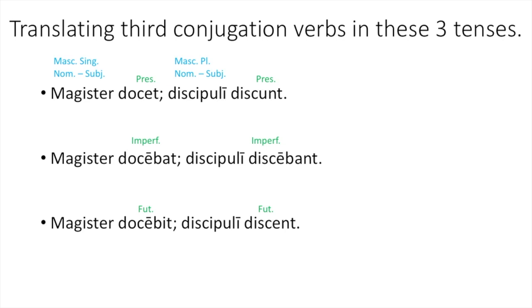You also notice that just like all your other verbs, your subject is in the nominative case. This is true for all of your conjugations of verbs. So how do we translate these sentences now that we've understood all of our forms? So, magister docet, the teacher teaches, discipuli discunt, the students learn.